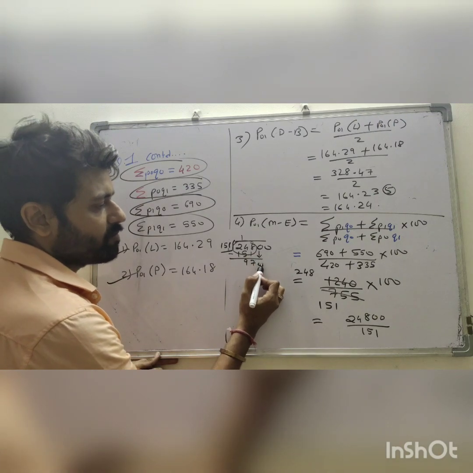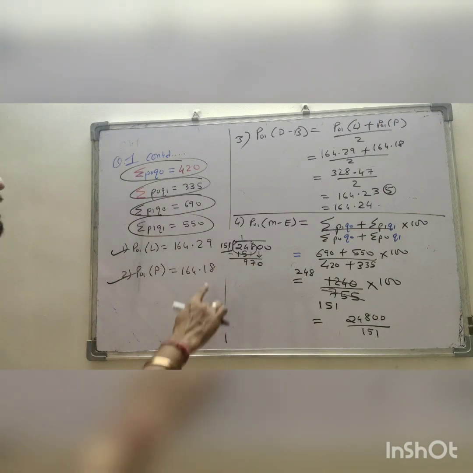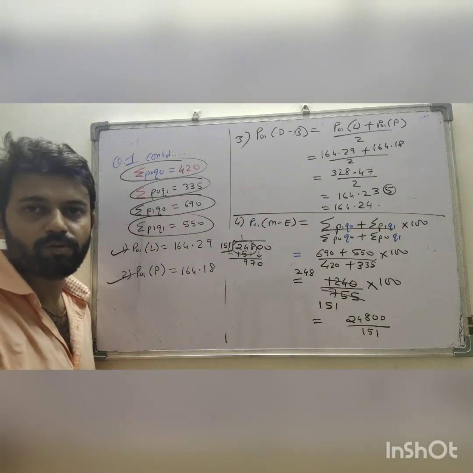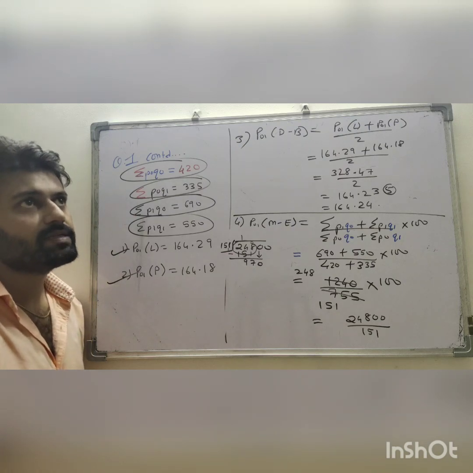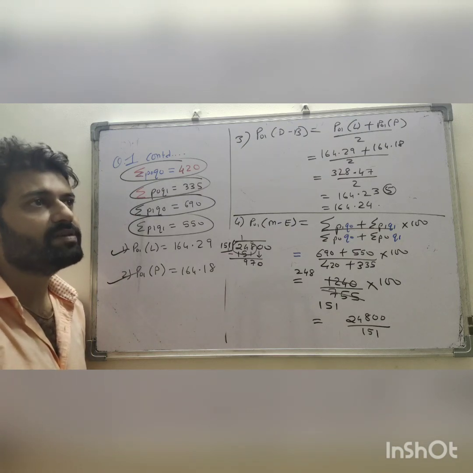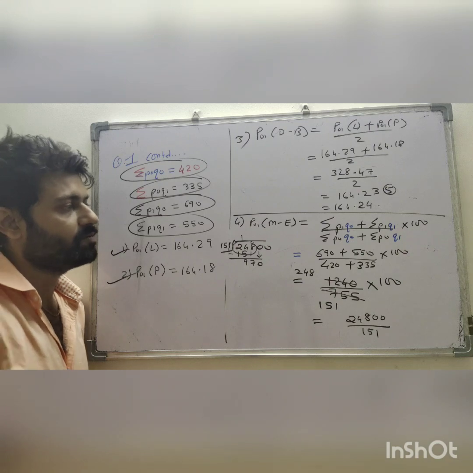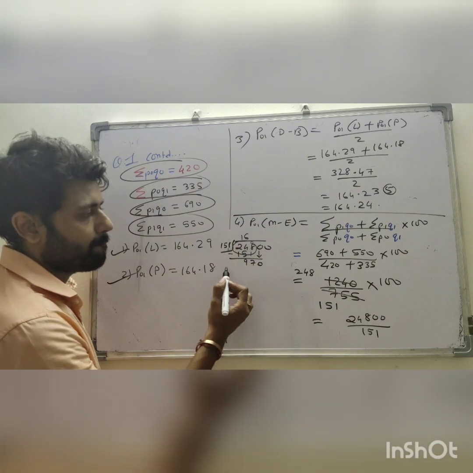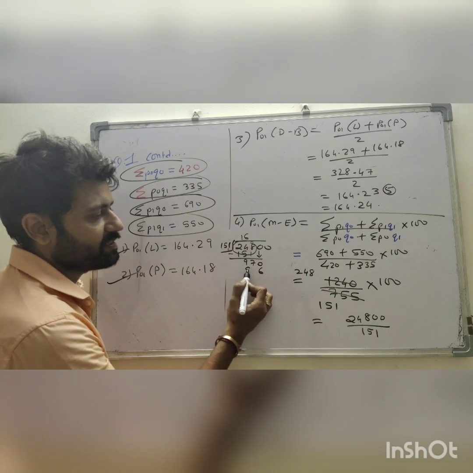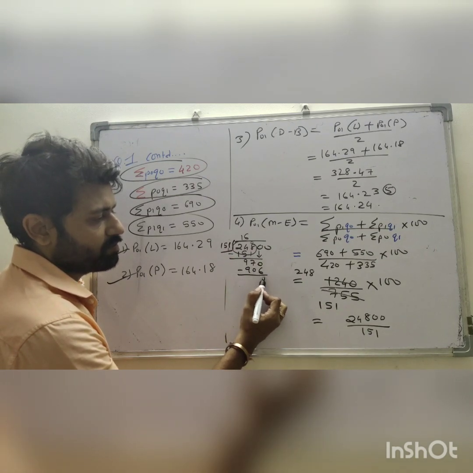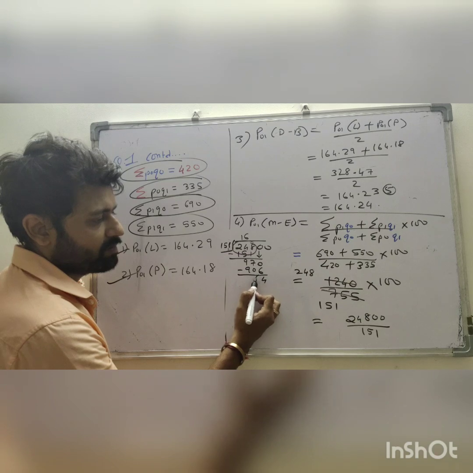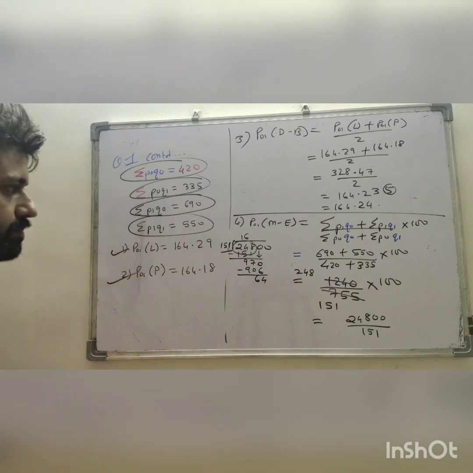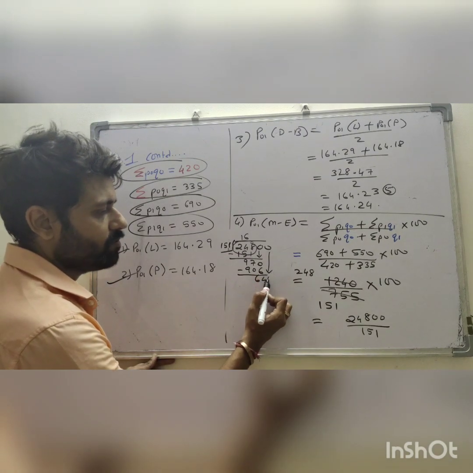Bring down this 0, 970. This is near 150. 6 times 150 is 900. 7 times 15 is 105. 64 is the remainder. Bring down this 0, 640.